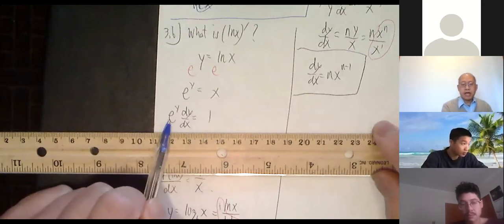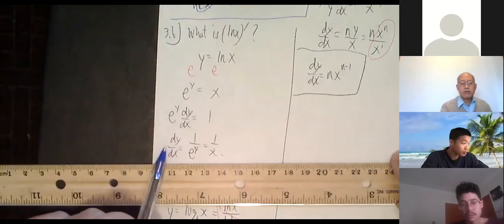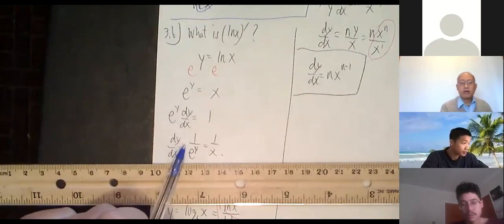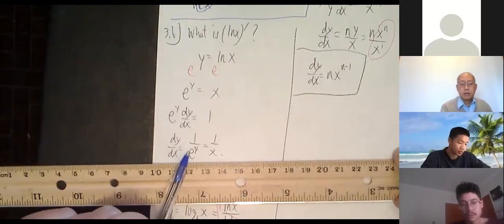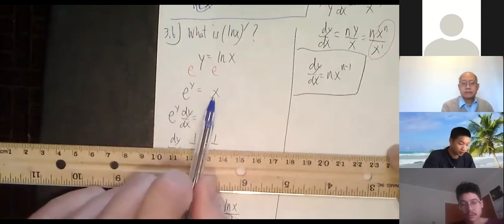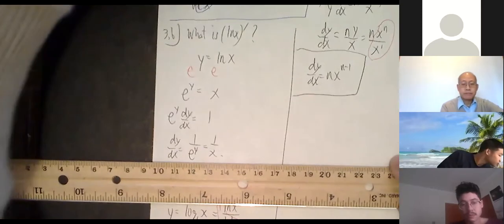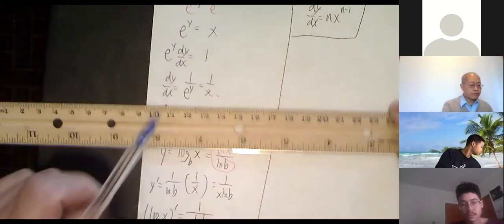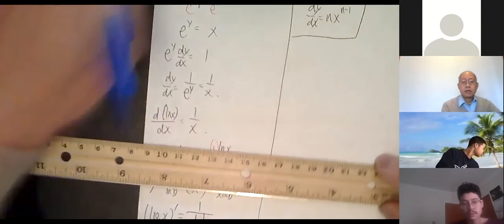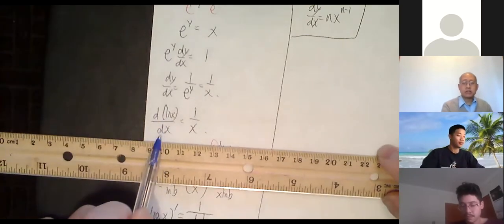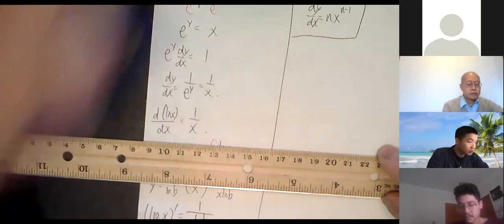Okay, then I just divide both sides by e to the y. So dy dx is 1 over e to the y. But e to the y is x. So dy dx is 1 over x. Okay, so the new derivative rule. Okay, the derivative of the natural log function is 1 over x.